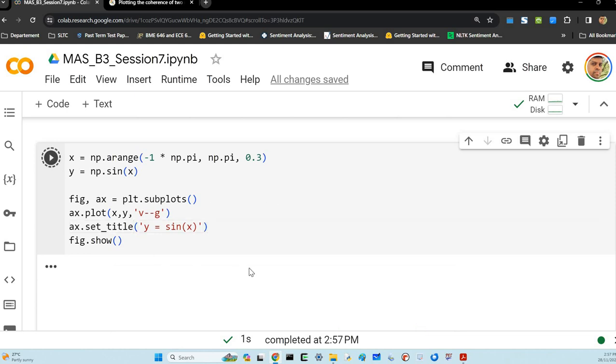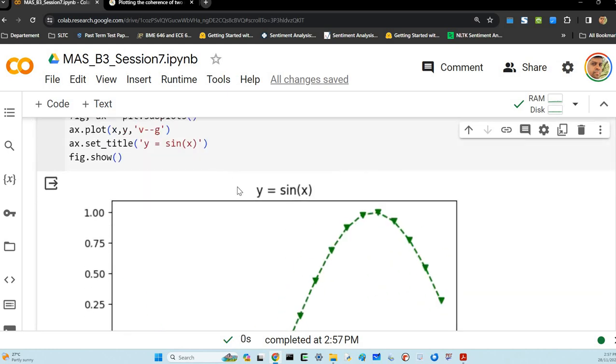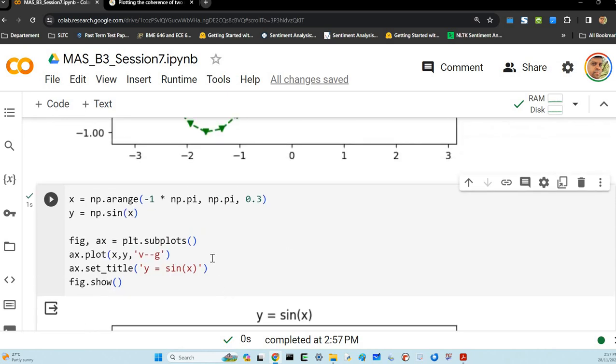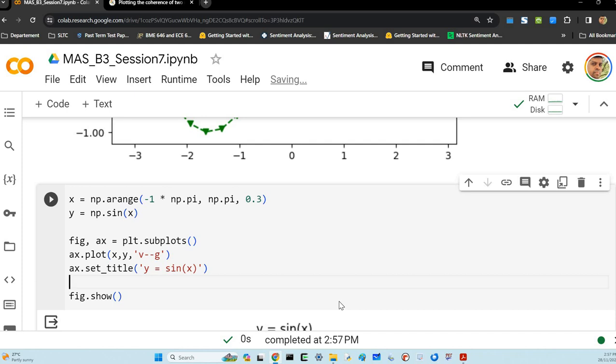If you run this, now you notice that we have set up the title. Similar to that, let's put up the x-axis.